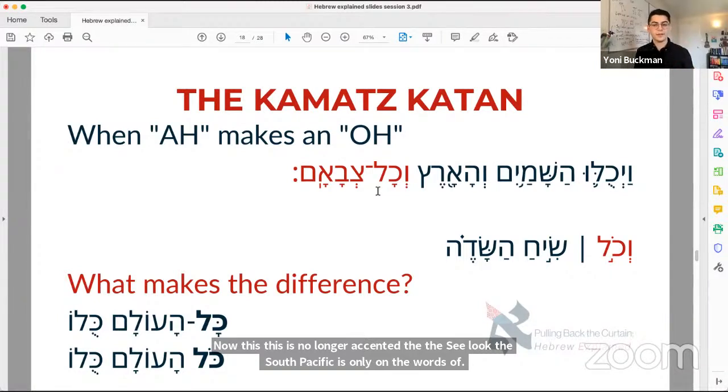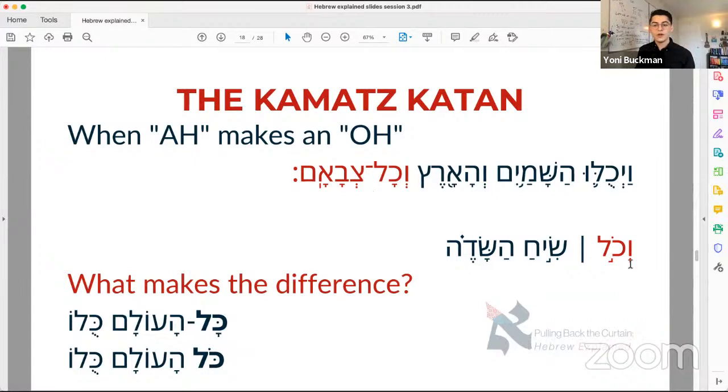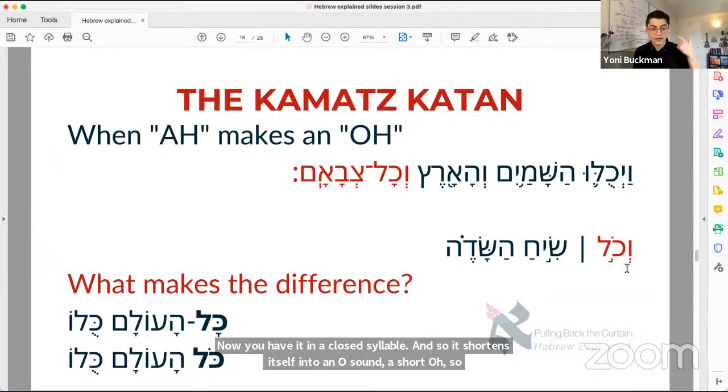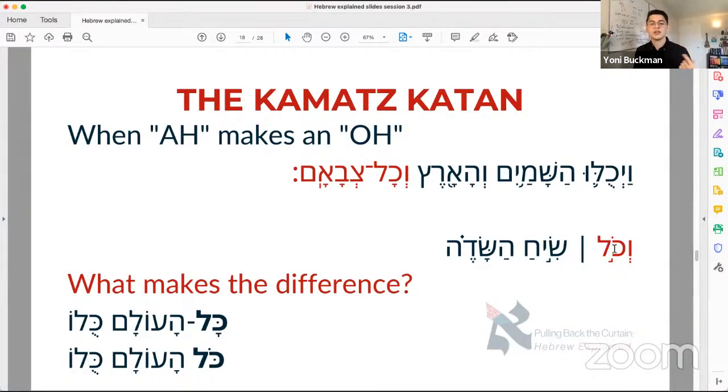When you have an accent on that word, if you put that kamatz under it, it would be okay because it's accented. The big long vowel would be fine, and then it would sound like v'chal, which is wrong. And so the marking is an o vowel.